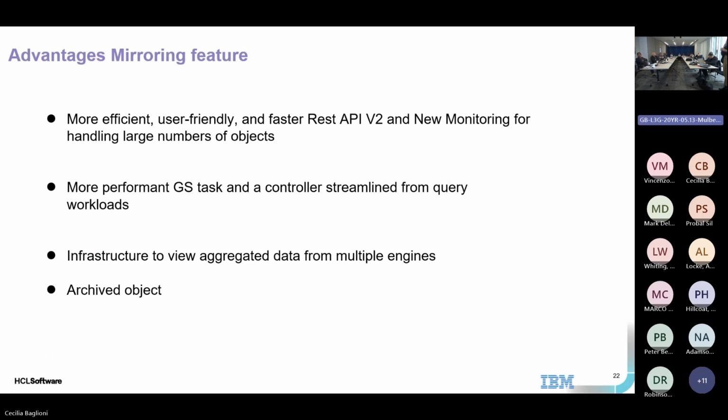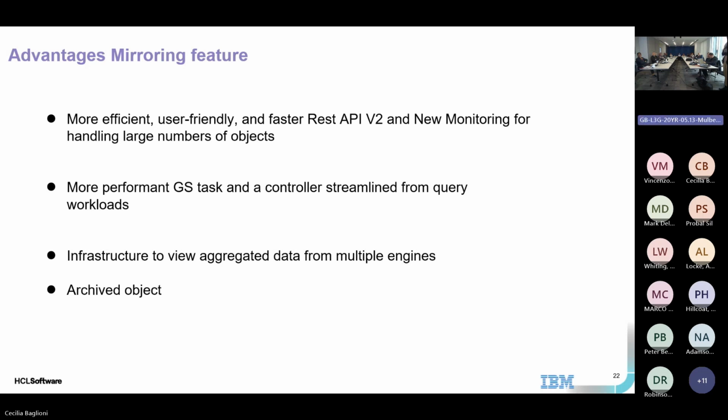Just to sum up and conclude the presentation, I want to show you the advantages of the mirroring feature. Thanks to the mirroring, we have REST API version 2 and the monitoring interface, and they can help us to handle a large number of objects. The new monitoring is more efficient, user-friendly, and faster.